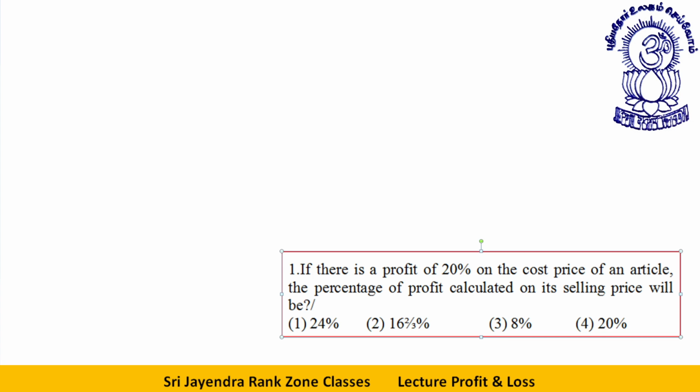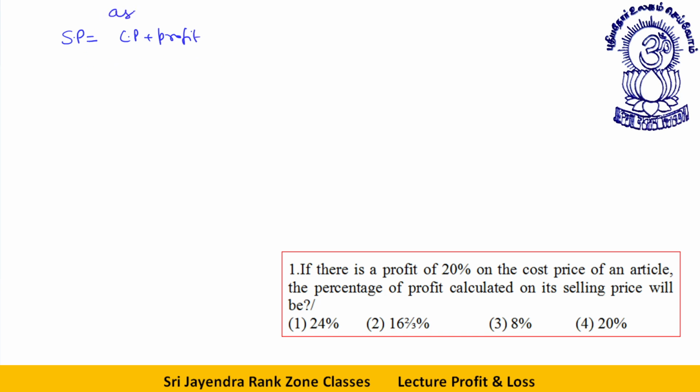If there is a profit of 20% on the cost price of an article, the percentage of profit calculated on its selling price will be what? Profit of 20% on the cost price. What is SP? SP is CP plus profit.